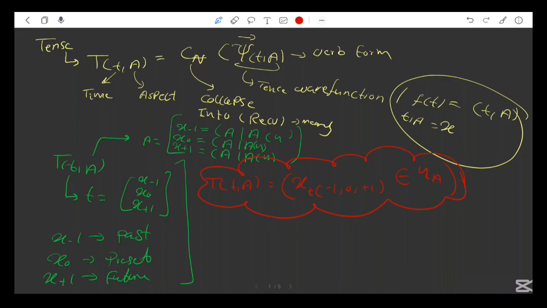To elaborate this part, we can write like this. Okay. So x sub -1 equals -1 and 0. This is simple past tense. Next we have -1 and 1. This is the past continuous.